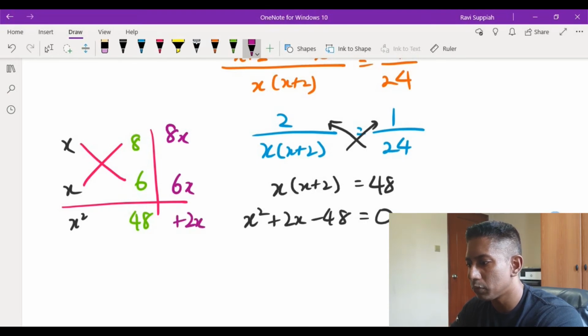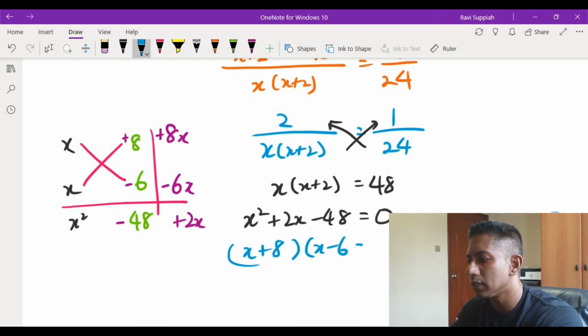So I must have positive 8 and negative 6, which gives me negative 48, which is also what I have right here. So the factorized form is x plus 8 and x minus 6 equals 0. So the values for x would be 6 and negative 8.